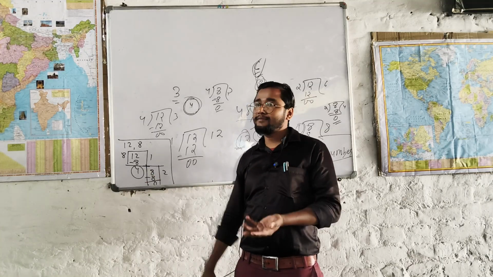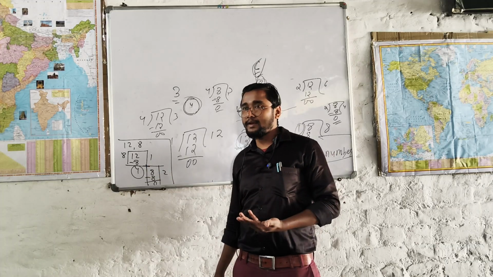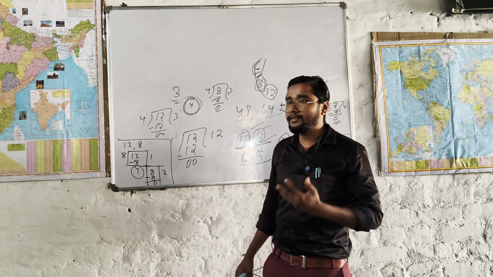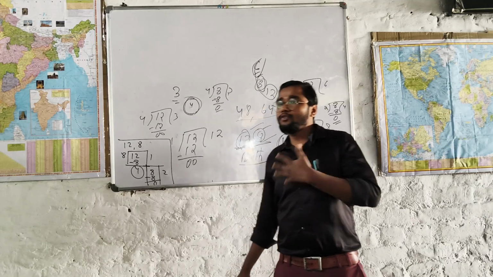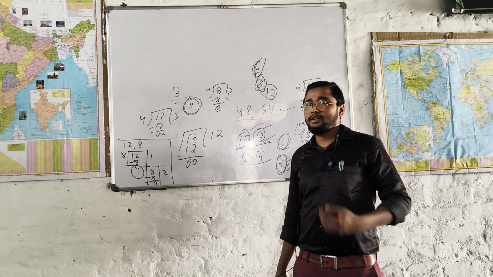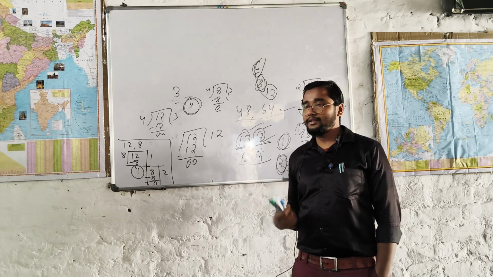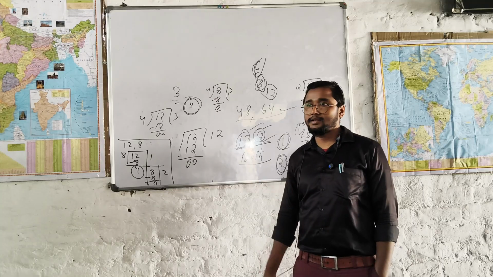Now you can see 4 was the answer, and this time you are getting 4 as well. So what did we notice here? We need to find the HCF in these conditions, then you will get the answer, right?